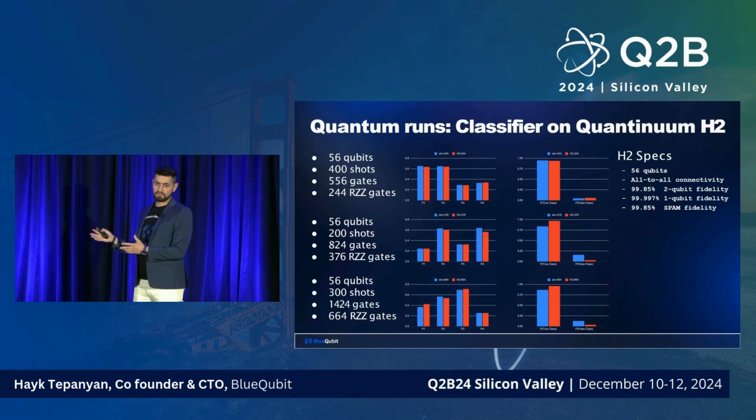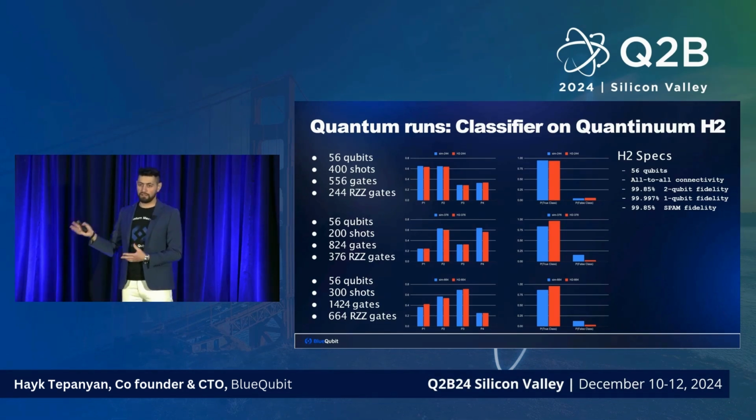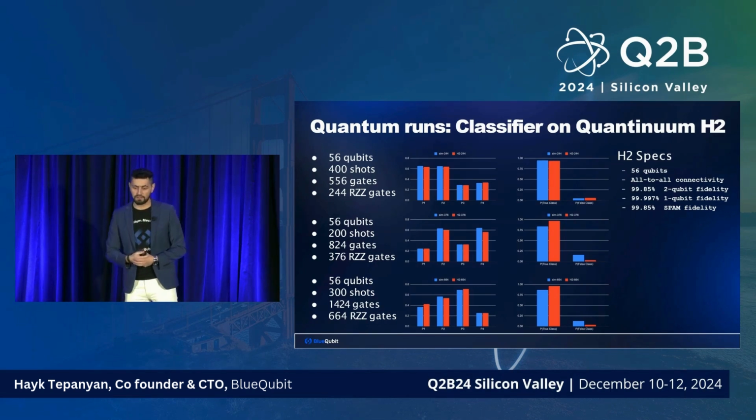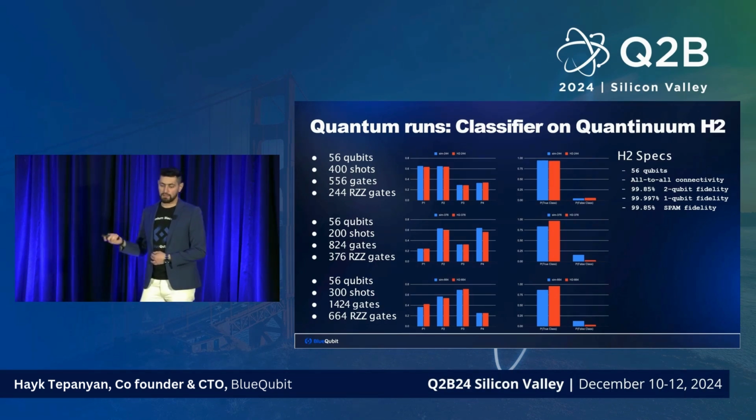So we run a similar pipeline on Quantinuum again. This time, this is the H2 chip, which has 56 qubits, and it has all-to-all connectivity as all our Quantinuum devices do. And we have some specs here with their 1 qubit and 2 qubit fidelity. And again, we run 3 inferences on Quantinuum device. And we report the ideal results.